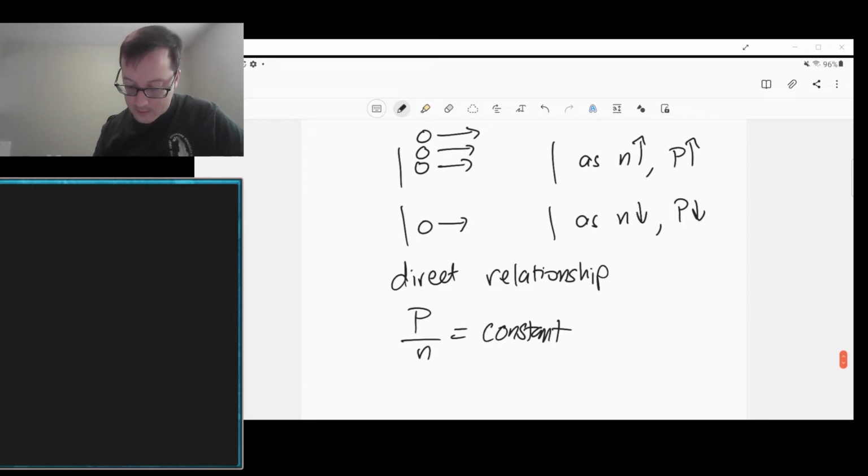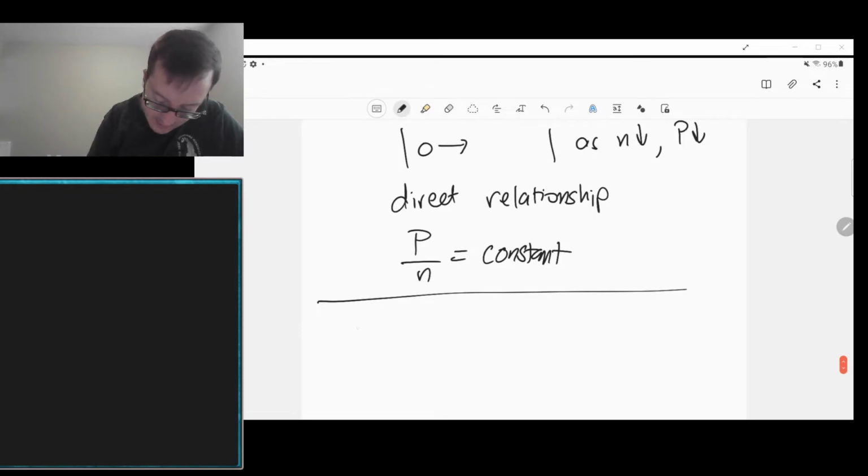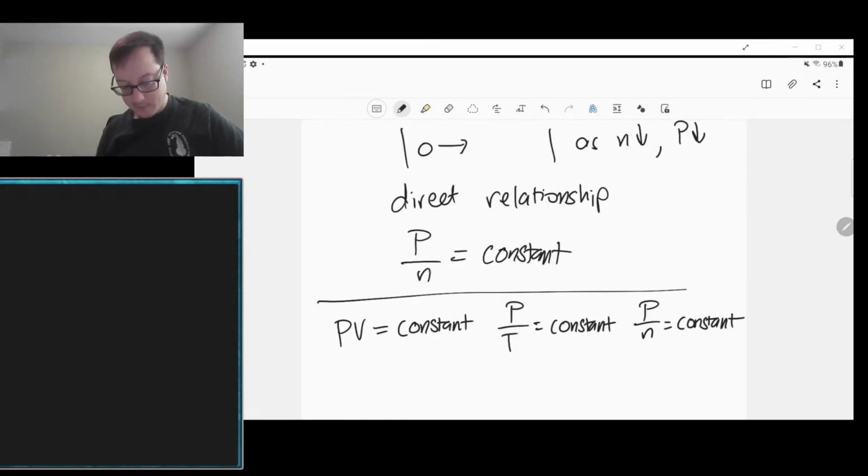So let's go ahead and take this information. So we have these 3 relationships that we've just covered. So we've seen that pressure times volume is a constant, pressure divided by temperature is constant, and pressure divided by moles is constant, assuming the other variables are constant as well.